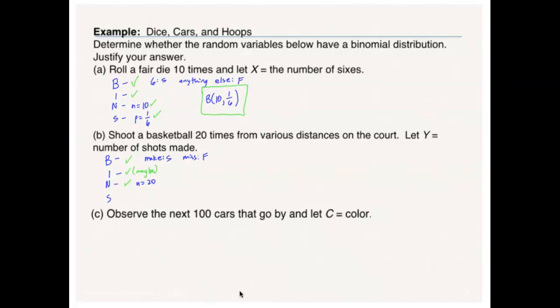And last, the fixed probability of success. That's a big no, because we're shooting from various distances on the court. That probability of success is going to be different depending on how close or far away you are from the basket.